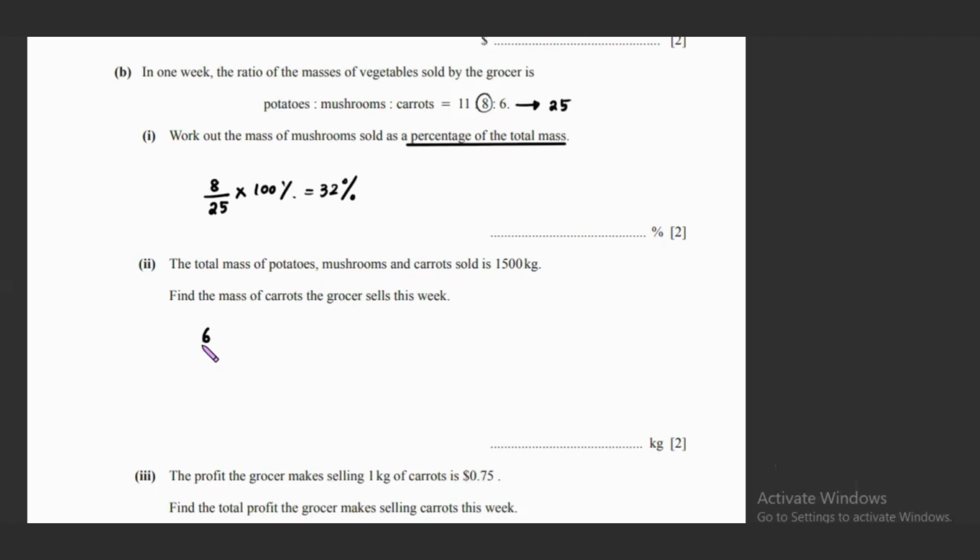So we write 6 out of 25, multiplied by the total mass, which is 1,500 kilograms. So 6 over 25 times 1,500 is equal to 360, which means the mass of carrots sold this particular week is going to be 360 kilograms.